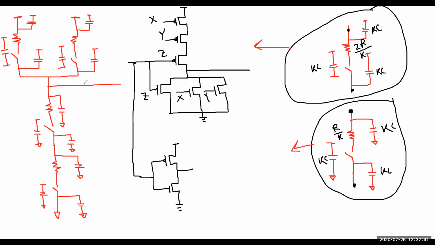This big line is our output point, right? Since these gate capacitances are not connected to our output point, all of them will be disconnected, so we can ignore them.